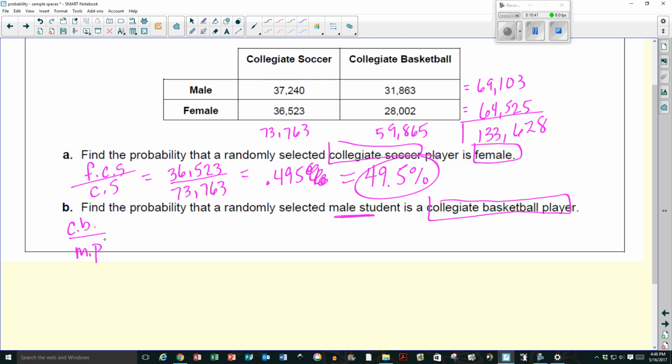So we're choosing from the males. So our male players are 69,103. Out of the 69,103, there are 31,863 that are basketball.